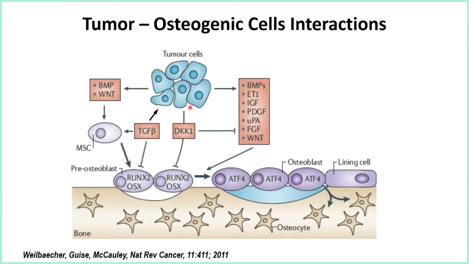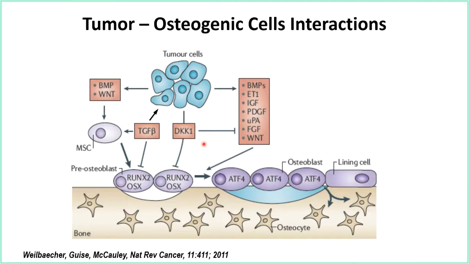The tumor cells themselves produce factors that can stimulate or inhibit osteogenic cells. So the result of all this is typically a situation where tumor cells can grow very well.